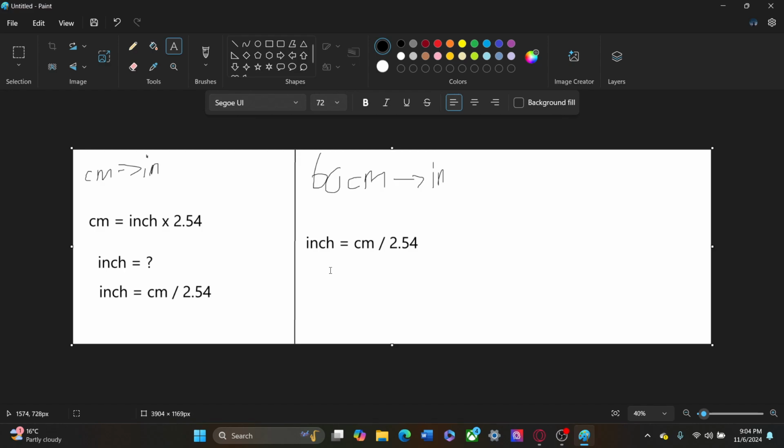Because an inch is a lot bigger than 1 centimeter. So, to get 1 inch, we need to take a bigger number, which is our 2.54, and divide it by our number that we have, which is 60. And that will equal 2 inches.